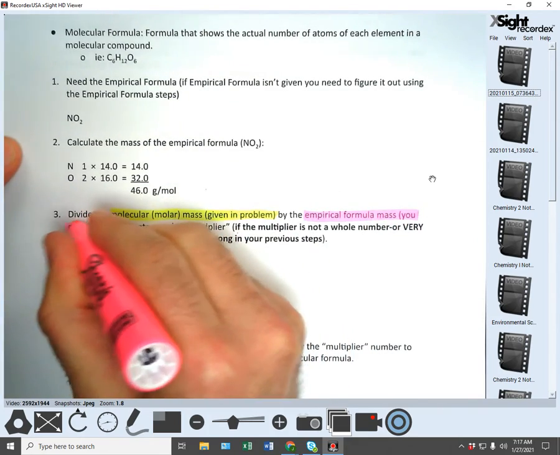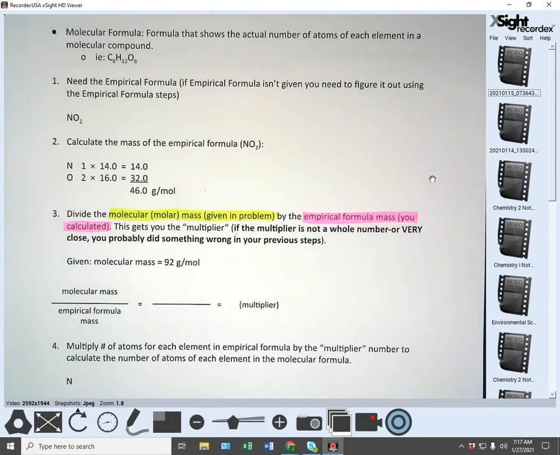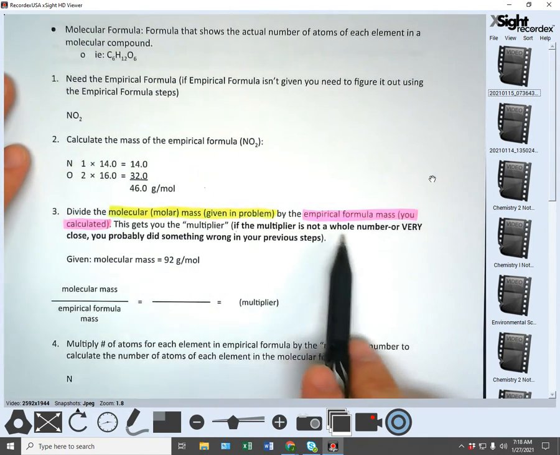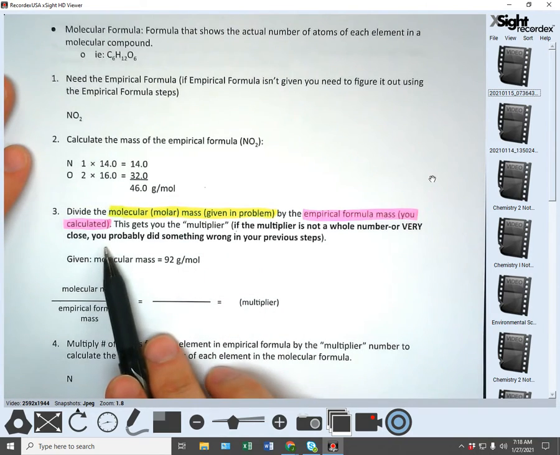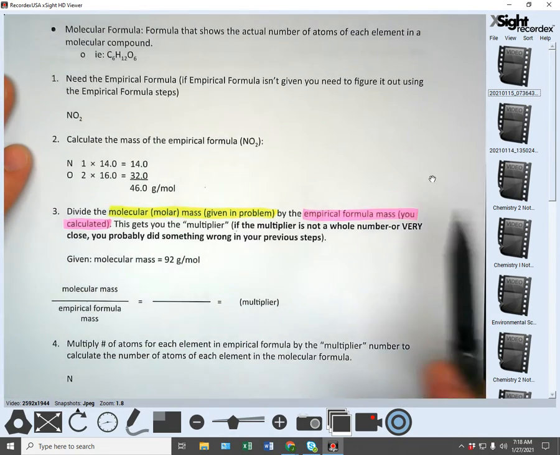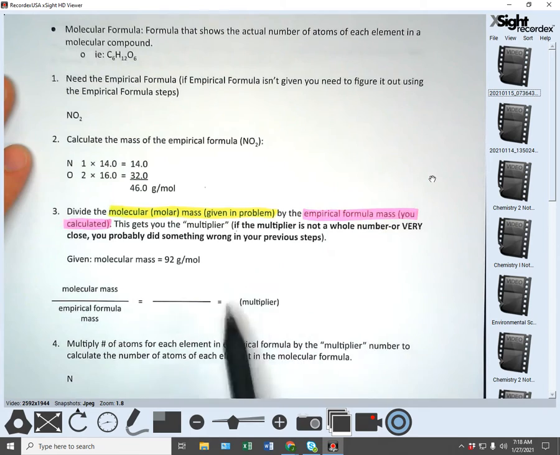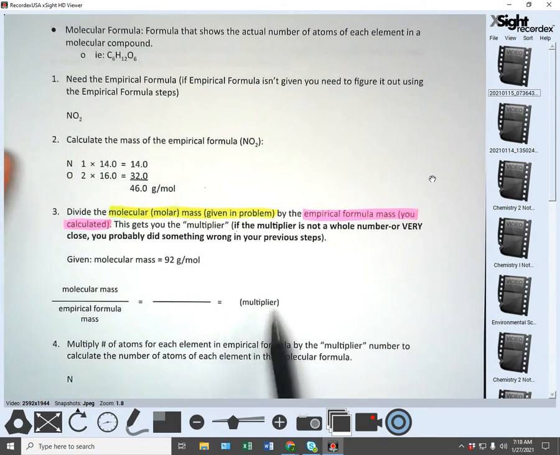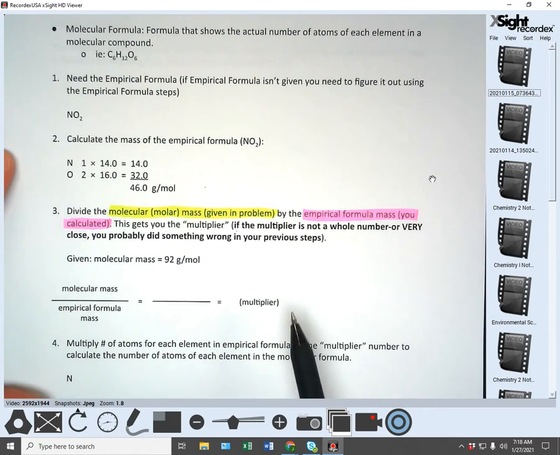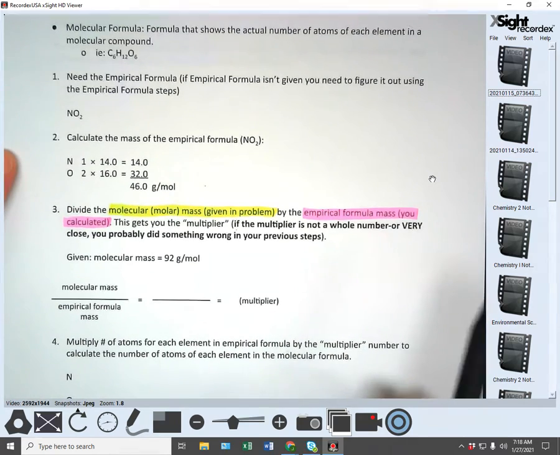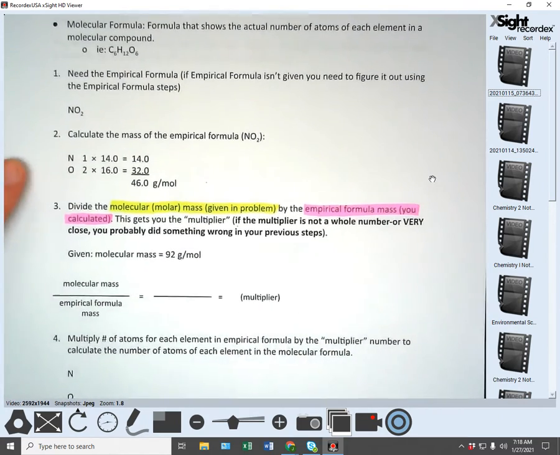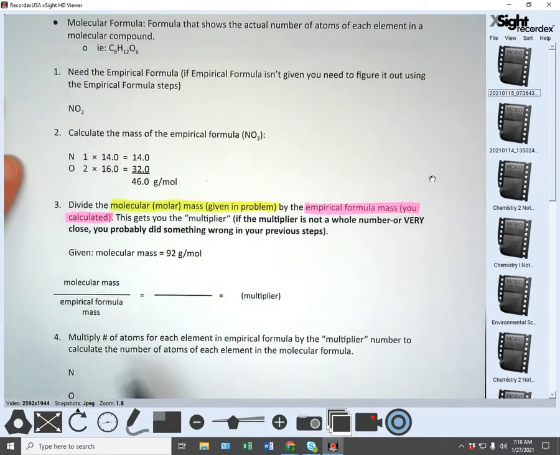This gets you the multiplier, what I call the multiplier. If the multiplier is not a whole number or very close, you probably did something wrong in your previous steps. Okay, if it's really close, you would round it. But in general, if it's 2.5, there's no multiplying to get a whole number. You did something wrong.